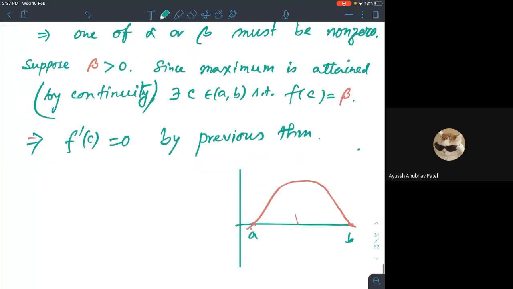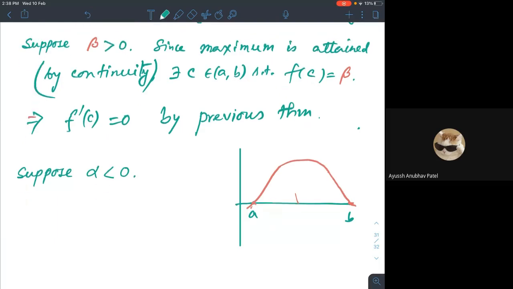Again, beta cannot be less than zero. So suppose alpha is strictly less than zero. Then what happens? Again, there exists D in AB such that f of D equals alpha.